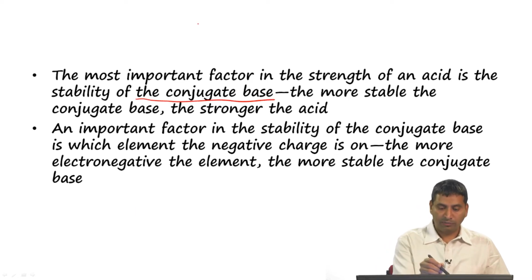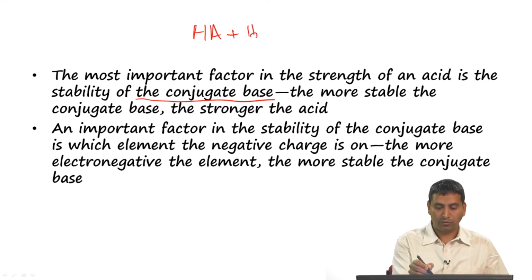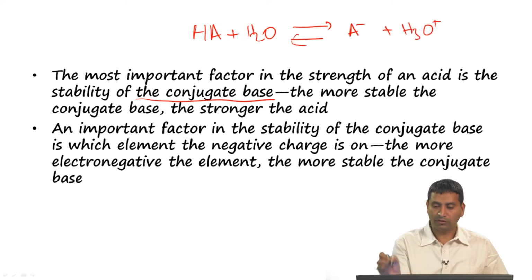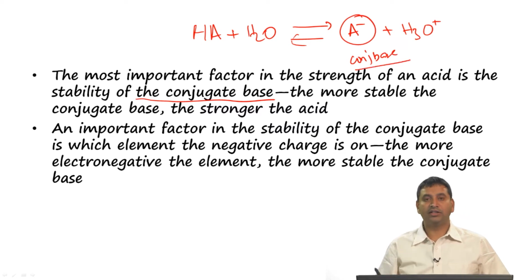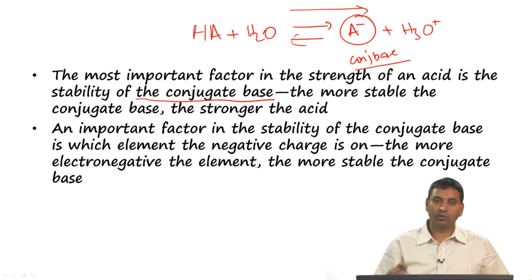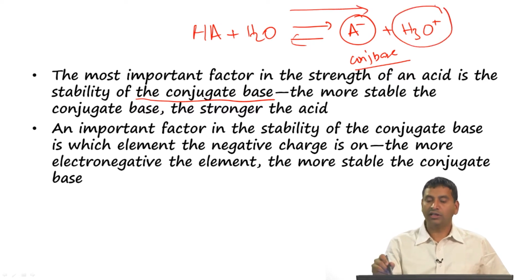That is, HA plus H2O is in equilibrium with A minus plus H3O plus. A minus here is the conjugate base, and the stability of this conjugate base is one of the most important factors in determining how strong the acid is. The more stable it is, the more this equilibrium is pushed towards the right and the stronger the acid.